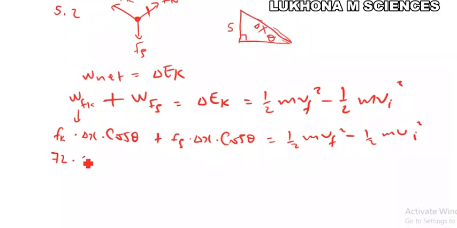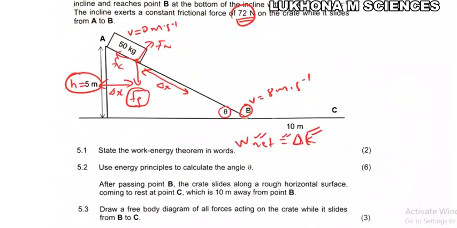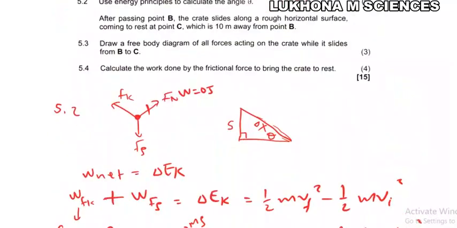So that is our delta x. Then cos of the angle for friction, always just put 180. Then Fg is mg. Then the mass of this object is 50. So the mass is 50.